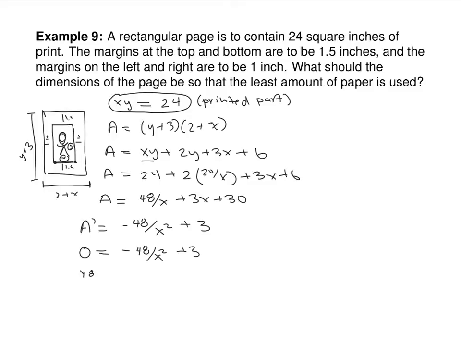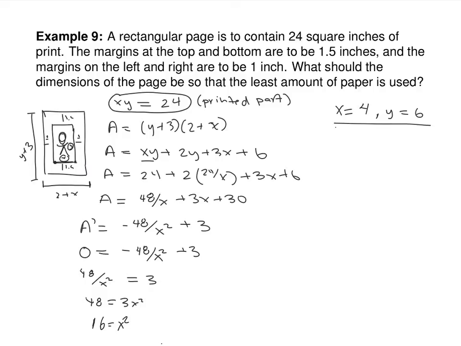So 48 over x squared equals 3. 48 equals 3x squared. I think that's 16 equals x squared, isn't it? So x equals 4. And actually, I think right away you can say that y is equal to 6.